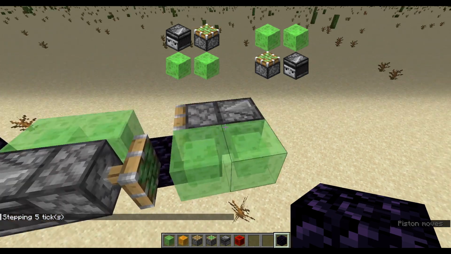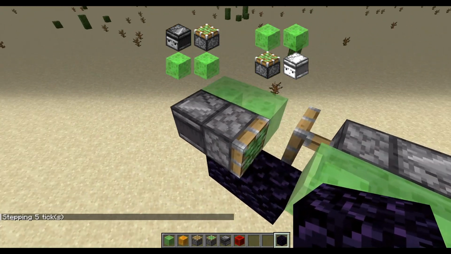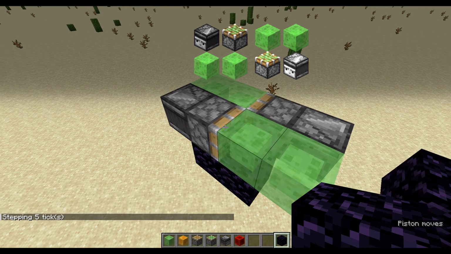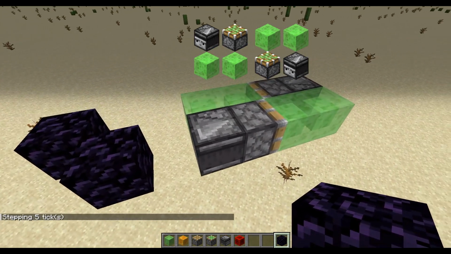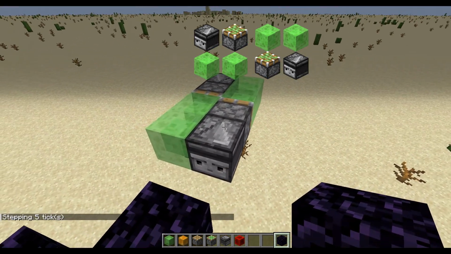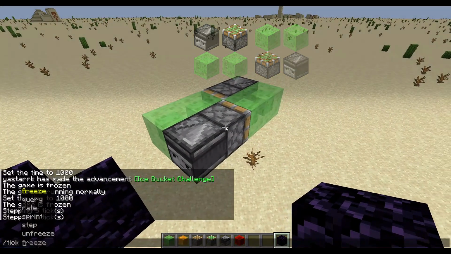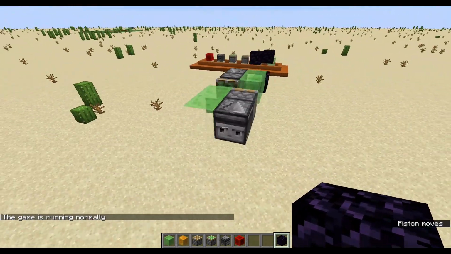This causes the observer on that side to activate, and it starts powering the piston. The piston retracts and pulls the first part of the machine, and this event activates the observer on the first part. So we have an infinite loop here.